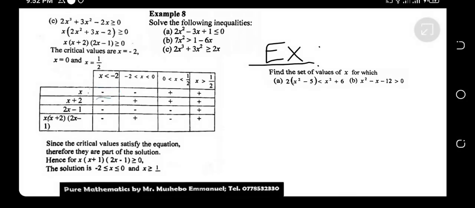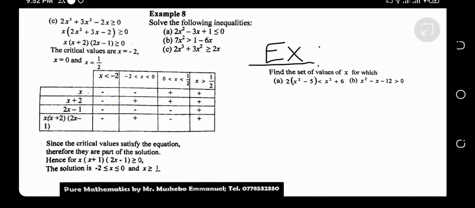Then the next one, -3 plus 2, we get a negative answer. Then 2x minus 1, that is 2 times -3 minus 1, we get again a negative answer. And then negative times negative times negative, we get negative. So we get negative here as the overall sign.